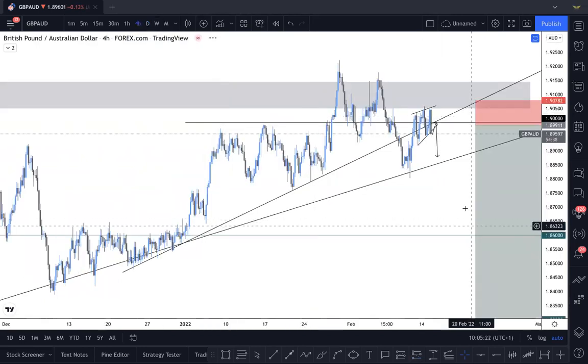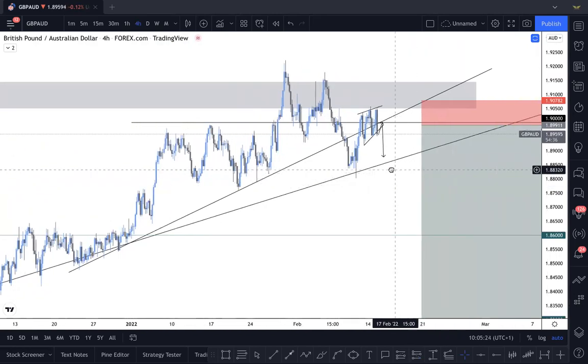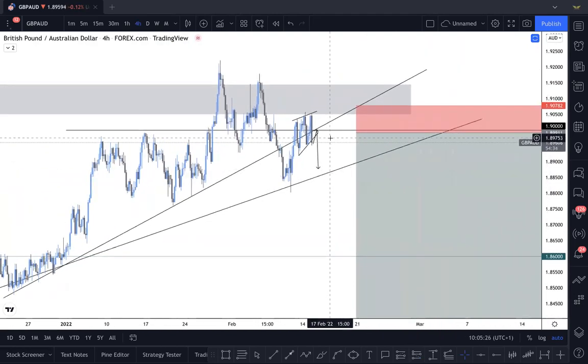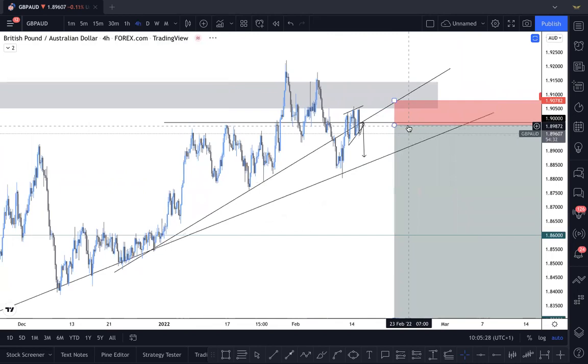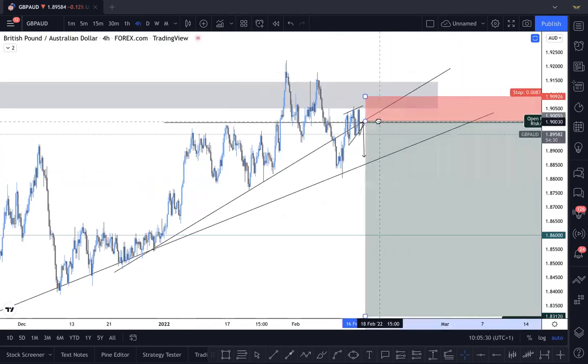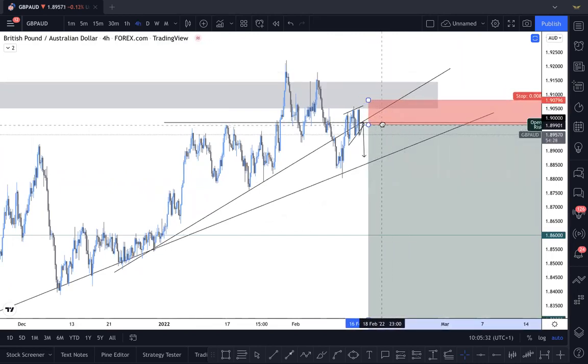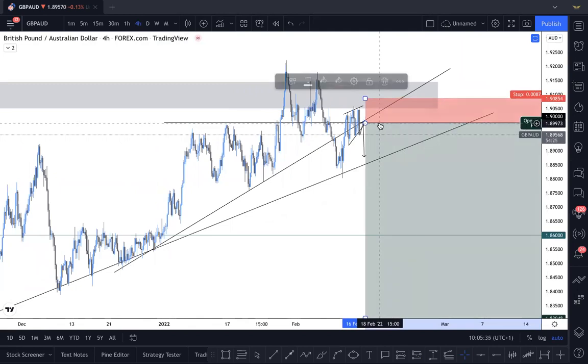If you're risking too much, then you can reduce your stop loss by looking at the lower time frame for a closer lower high, right?